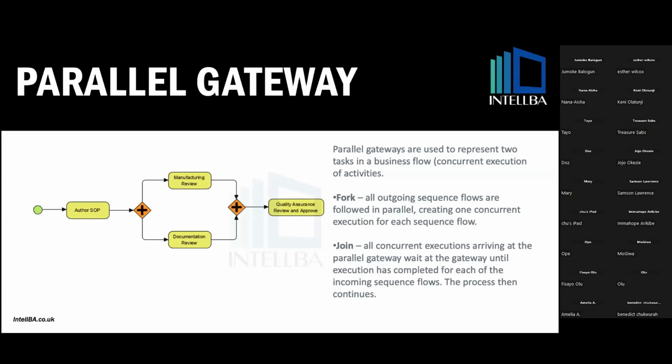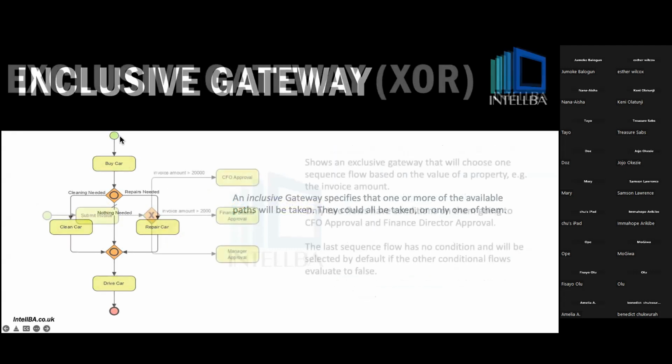So I'm just saying, can we do the same thing for a gateway? I don't know if it's possible to link a decision from a different process to a decision in our current process.